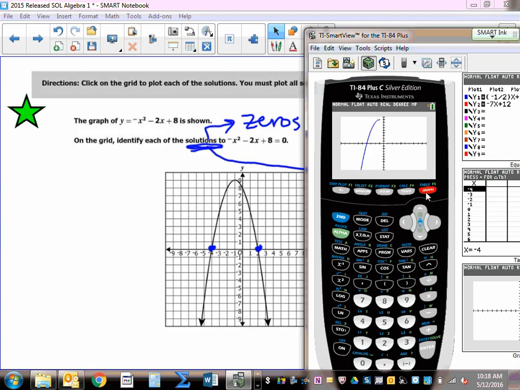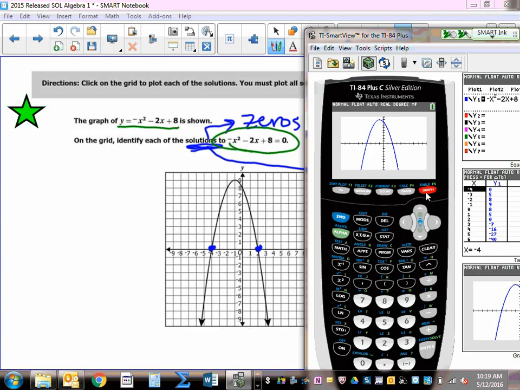It is a parabola. So this matches what we have here. Now, again, we suspect that negative 4 and 2 are our answers, so that was pretty obvious. But let's say that they didn't give you the graph. Let's just say they gave you only this equation. And they said, what are your solutions?